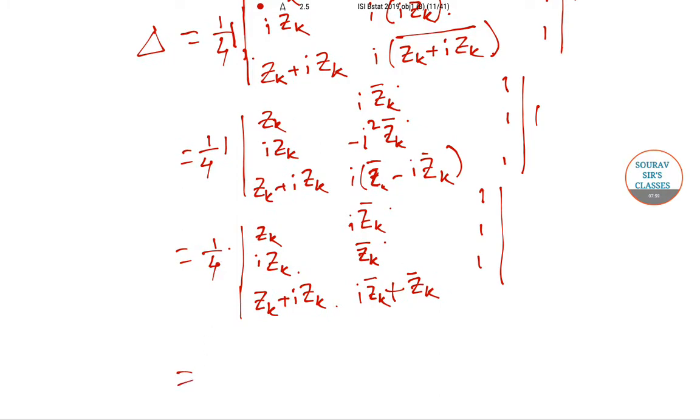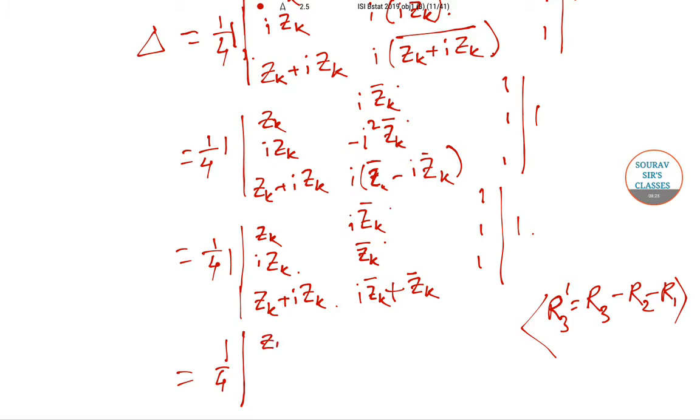So after operating R3 going to R3 minus R2 minus R1, we get 1/4 of the modulus of the determinant with rows zk, i zk, 0; i zk bar, zk bar, 0; 1, 1, minus 1.